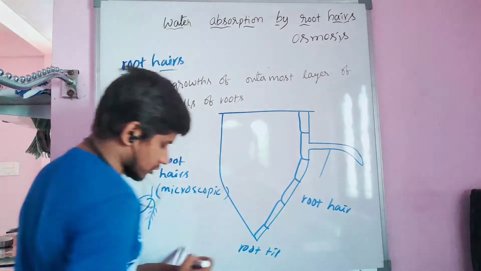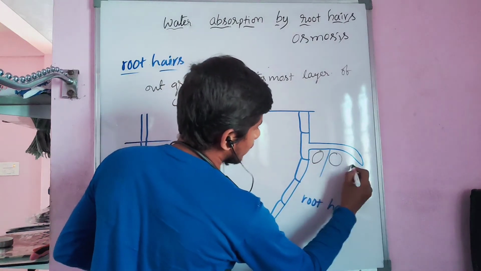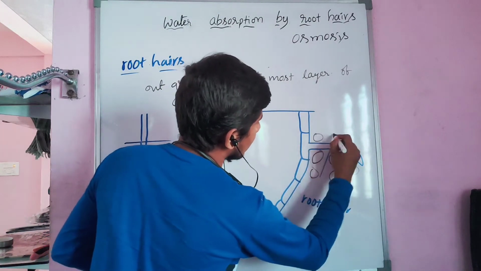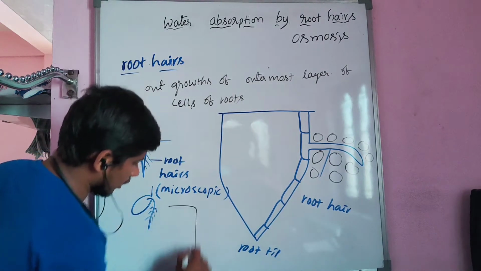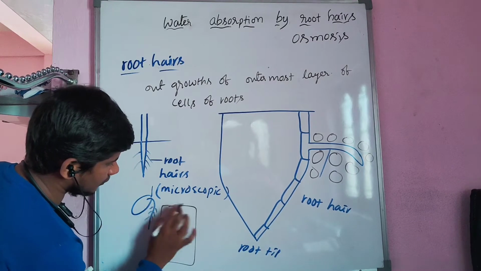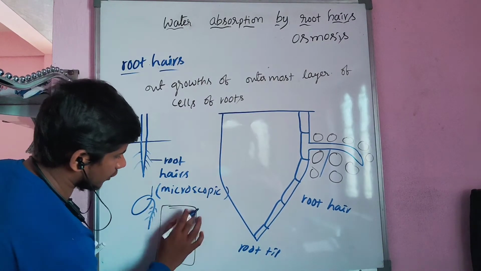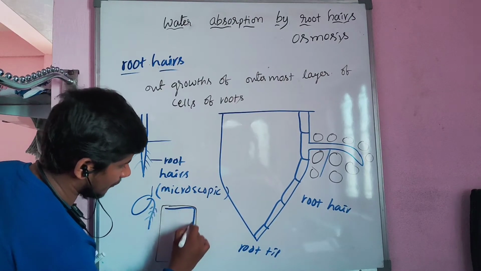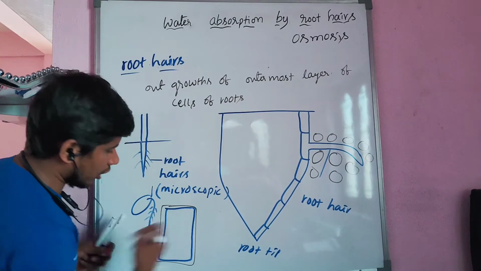Now it is present in the soil. So let me draw the soil particles here. These are soil particles. Now if you observe the cell in a plant, it has the cell wall and cell membrane. Let me draw the cell membrane with blue color. Inside that we can see all the organelles.